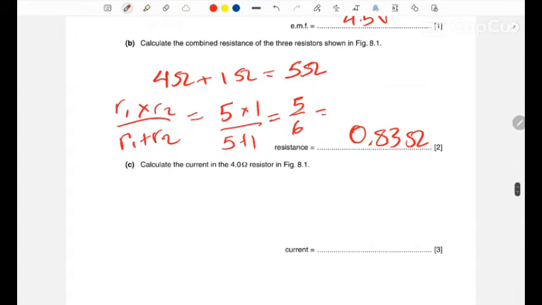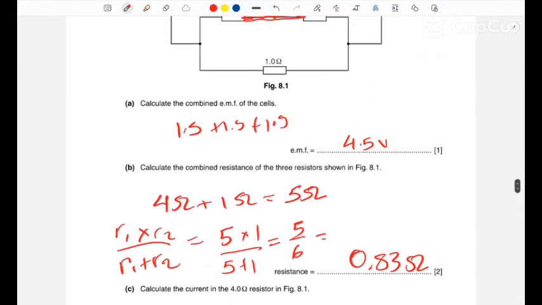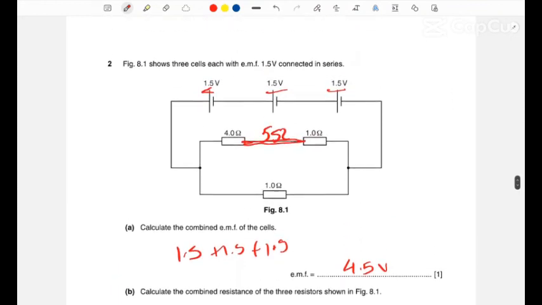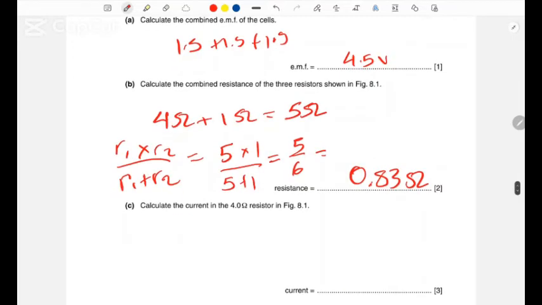Calculate the current in the 4 ohm resistor in figure 8.1. So the current in the 4 ohm resistor, this one over here. To solve this question, we would use the formula current equals V over R, but be careful to use the total voltage and the total resistance in series.